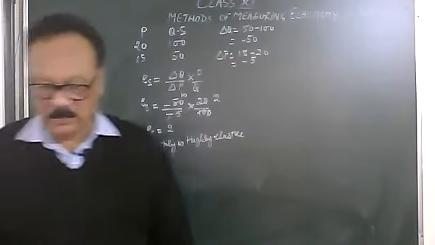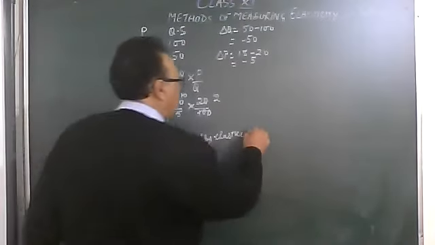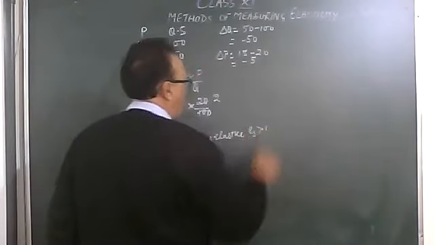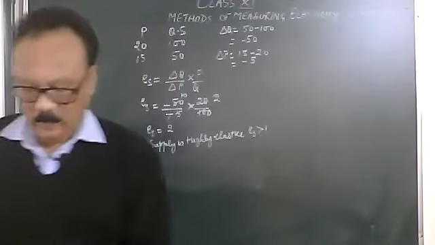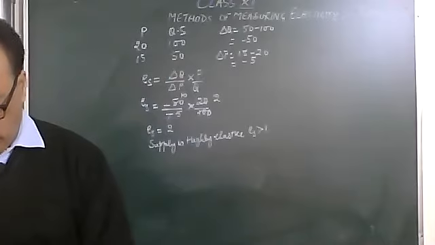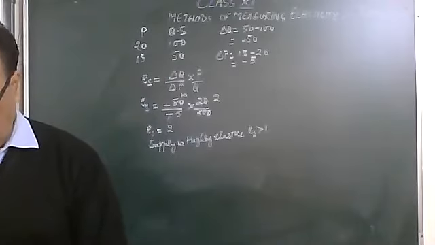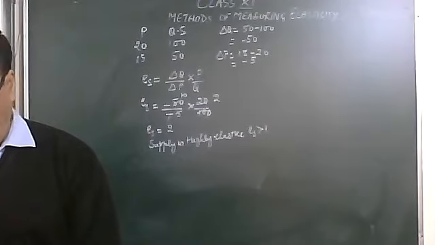Why? Because ES is greater than 1. If you look at the notes which I have given you, about the elasticity of supply, you will find how and when what becomes.